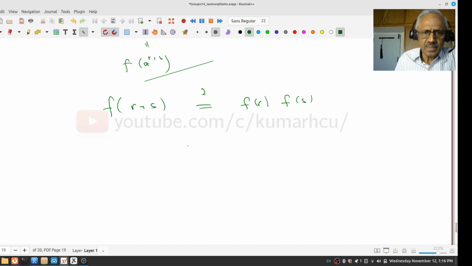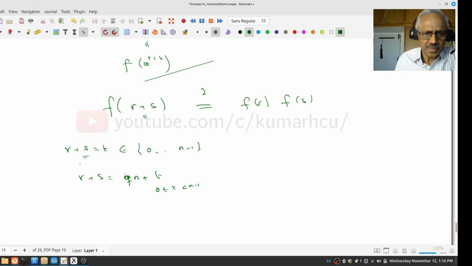Now remember r plus s equals t, where t also belongs to 0 to n minus 1. You write it as some q times n plus t, where 0 ≤ t < n. That is the definition of r plus s.